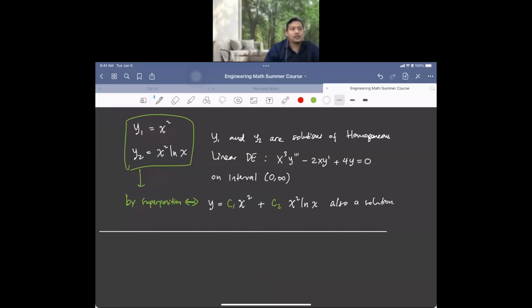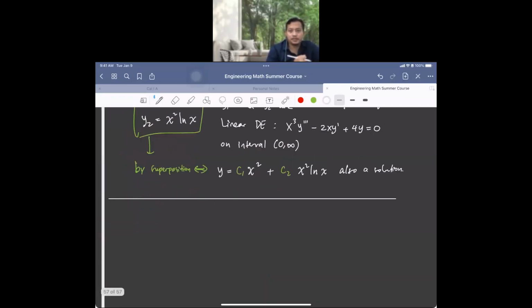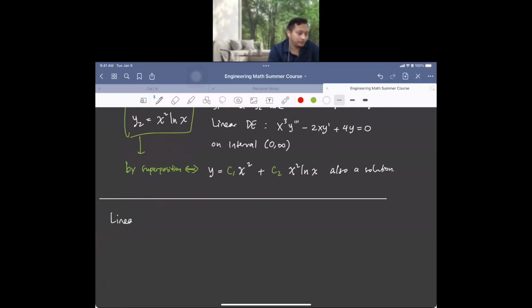Now, the important thing aside from the superposition is linear dependence.